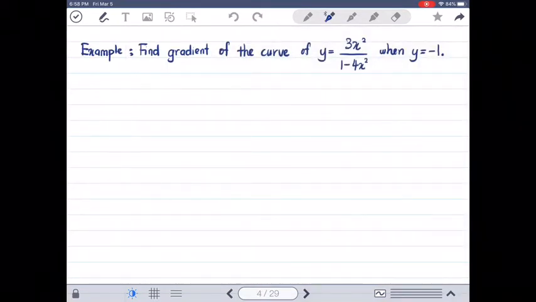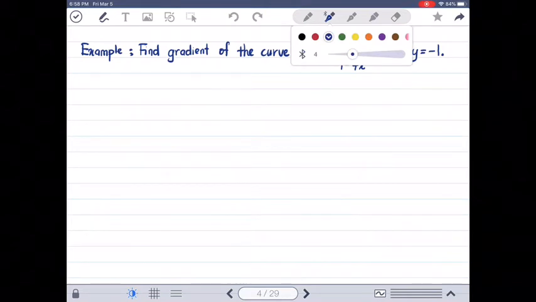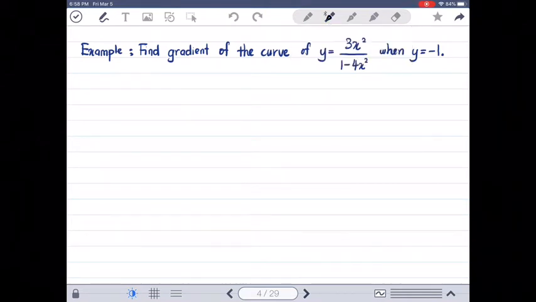Let's have a look at one more example. Find the gradient of the curve y equals 3x squared over 1 minus 4x squared when y equals -1. The thing is, they give you y equals -1.